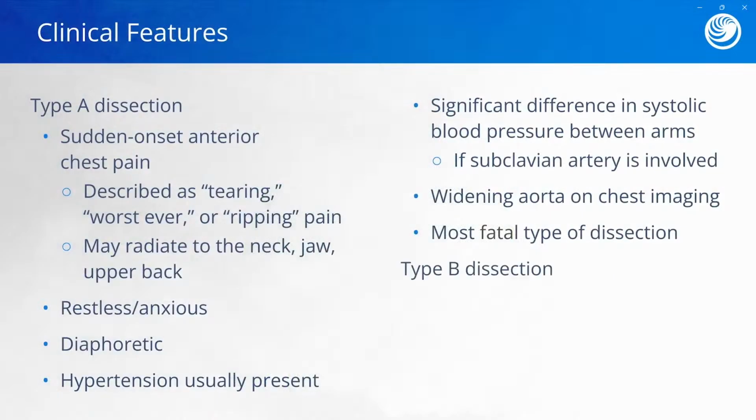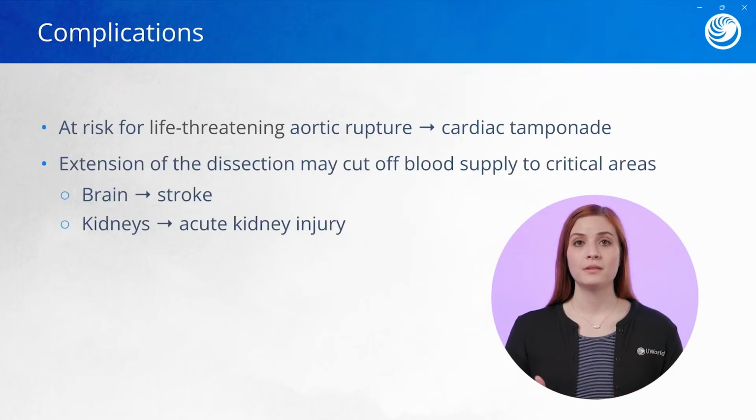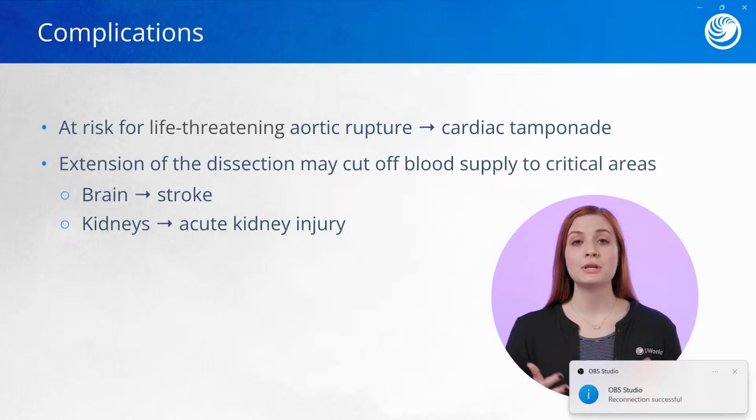In type B dissection, the lower part of the aorta and the lower part of the body is affected. So clients may have abdominal or back pain as blood begins to settle. One of the biggest complications of aortic dissection is life-threatening aortic. These clients are often going to have decreased urine output and an increased BUN and creatinine.